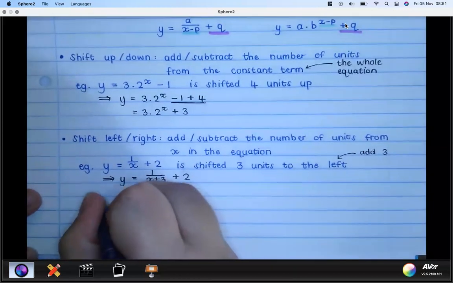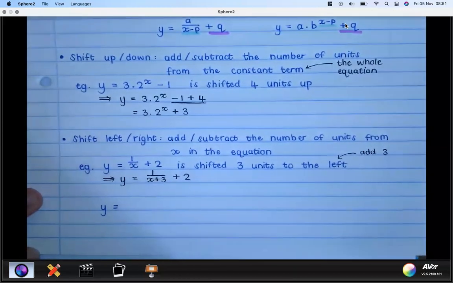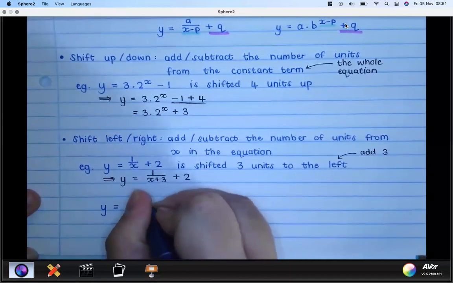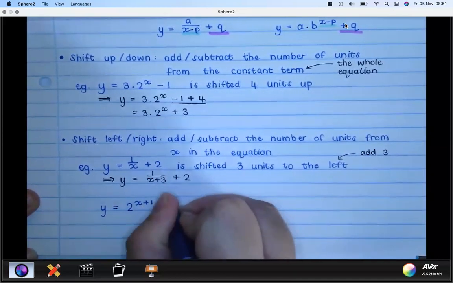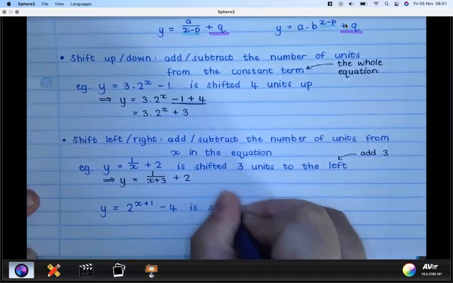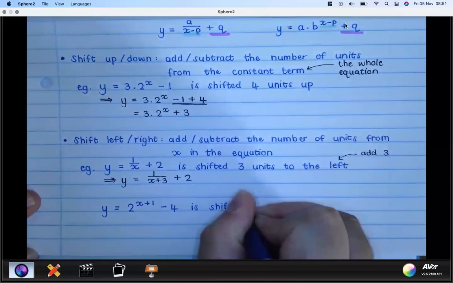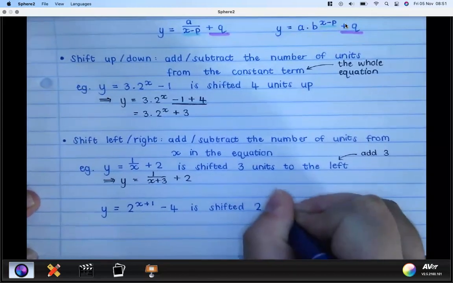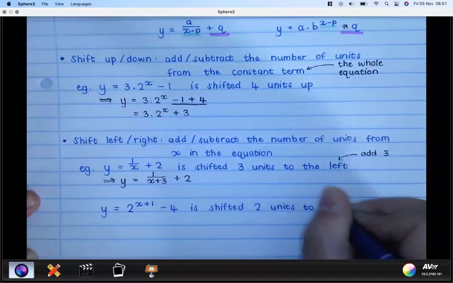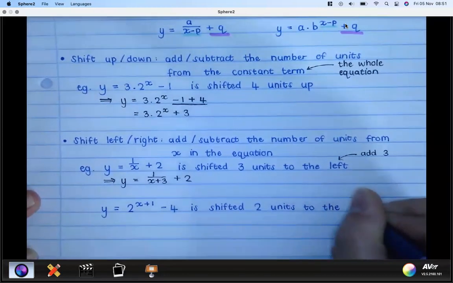What if you have y equals 2 to the x plus 1 minus 4, and that graph is now shifted 2 units to the right?